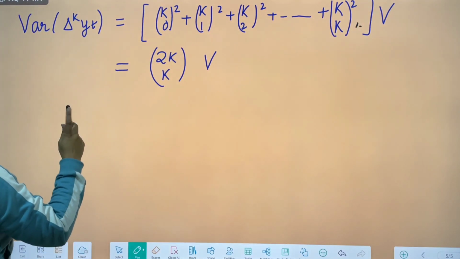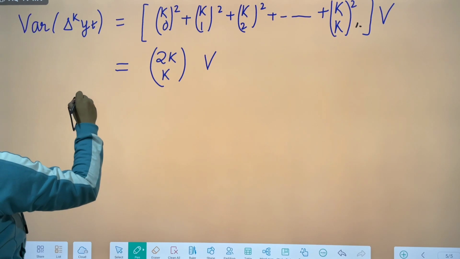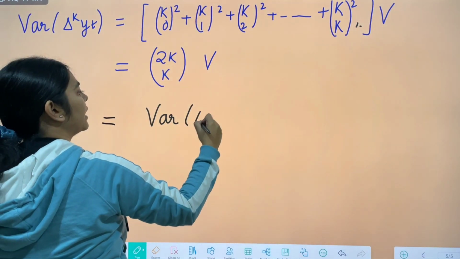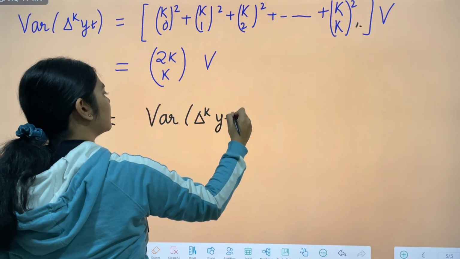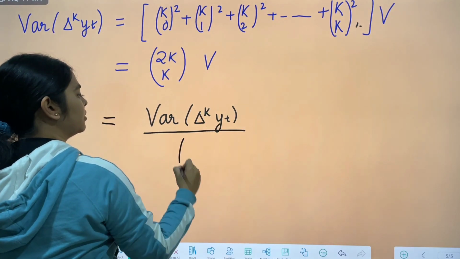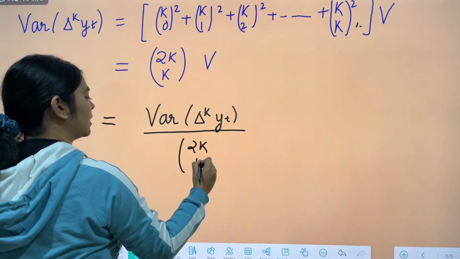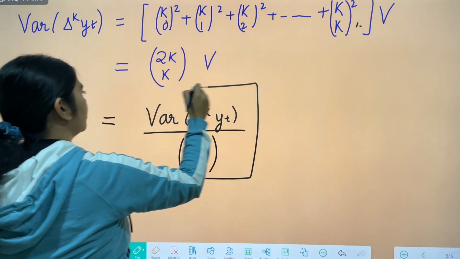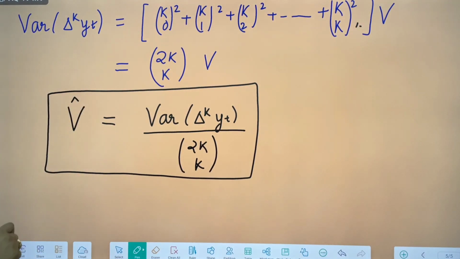So our value of v cap, or v predicted, would be the variance of Δ^k y_t upon 2kCk. Here C means combination.